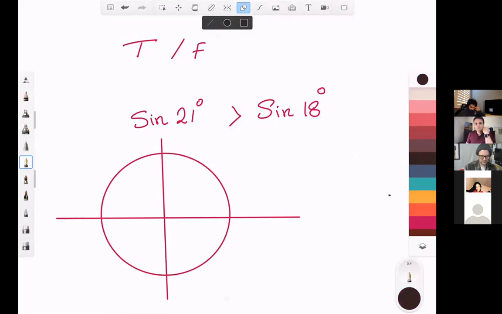So if this is 18, for example, and this is 21, we said sine is the value of y, correct?